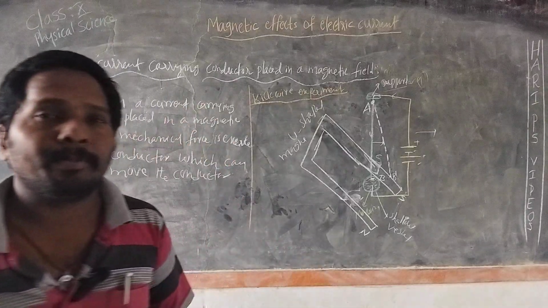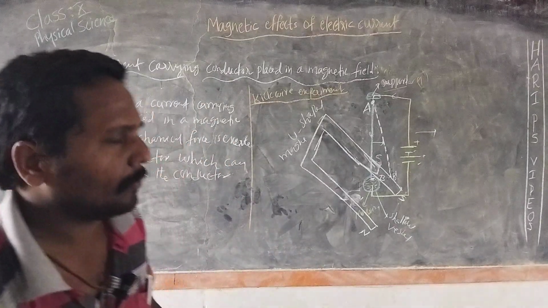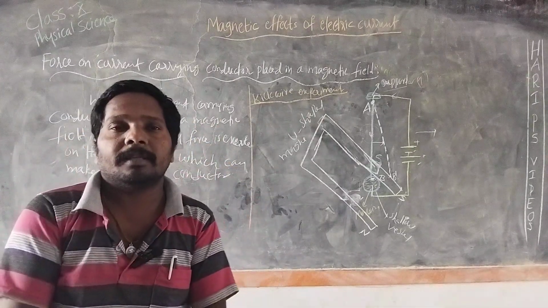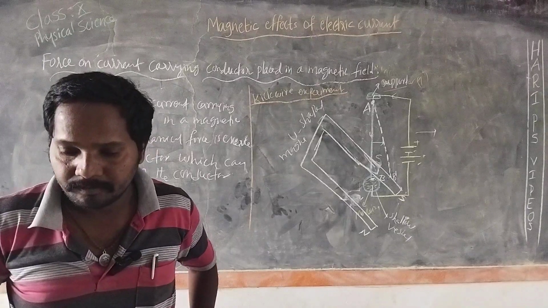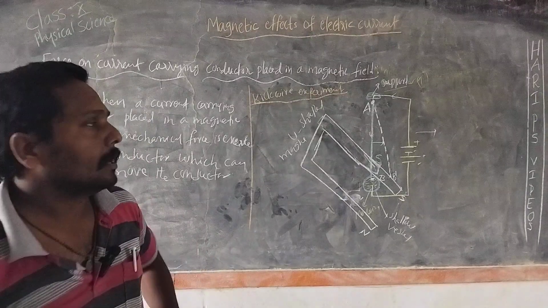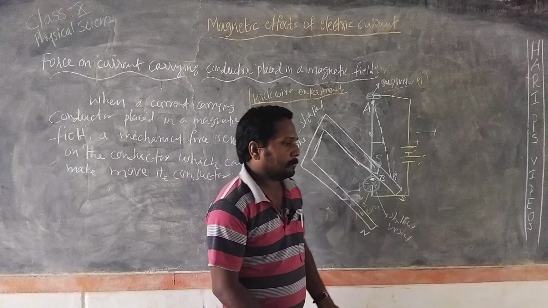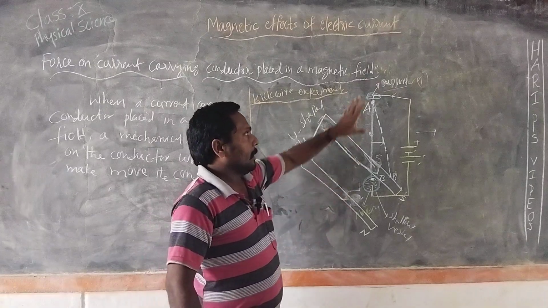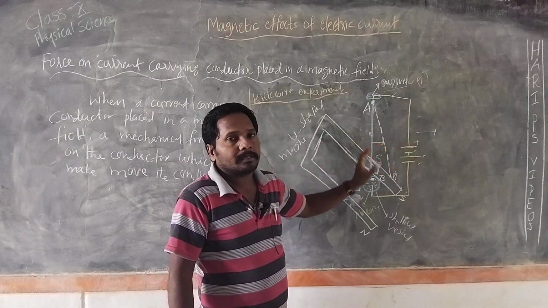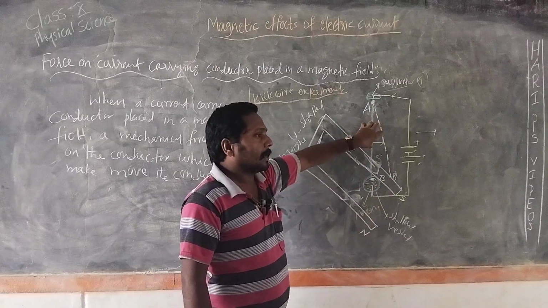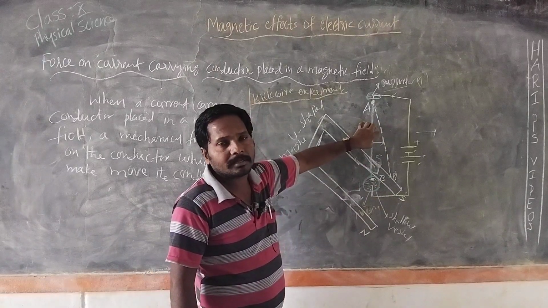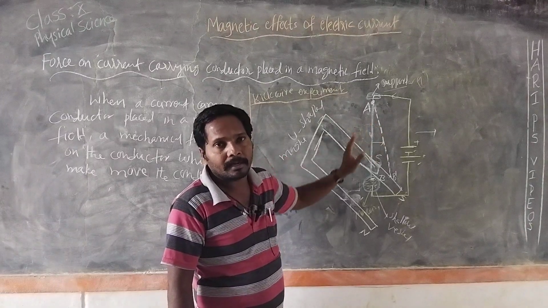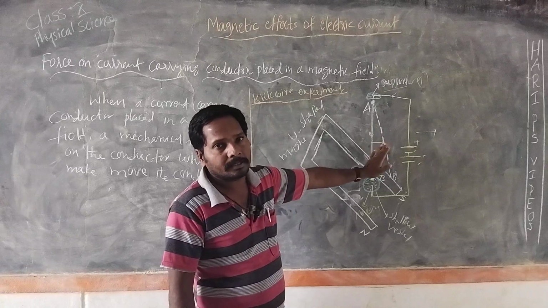By simple explanation, it may be unable to understand. Whenever we perform the experiment, it is easy to understand. Whether you understood properly or not, one thing you have to keep in mind: a current carrying conductor placed in a magnetic field experiences some magnetic force, or mechanical force, exerted by the magnetic field on it.